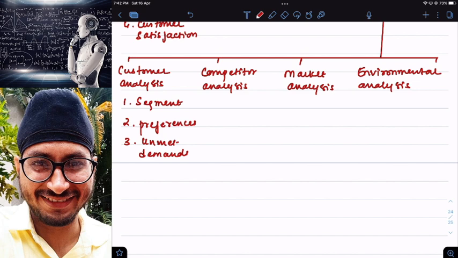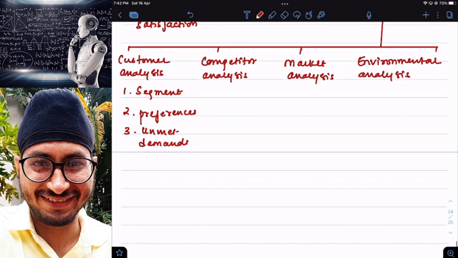Then competitor analysis. What factors should I analyze with respect to my competitors? Let us say, for example, financial strength. Clear? I should see whether finance is a strength or a weakness of my competitor.